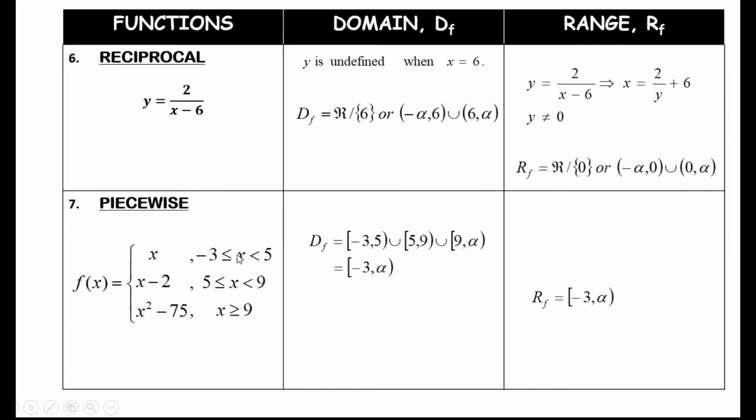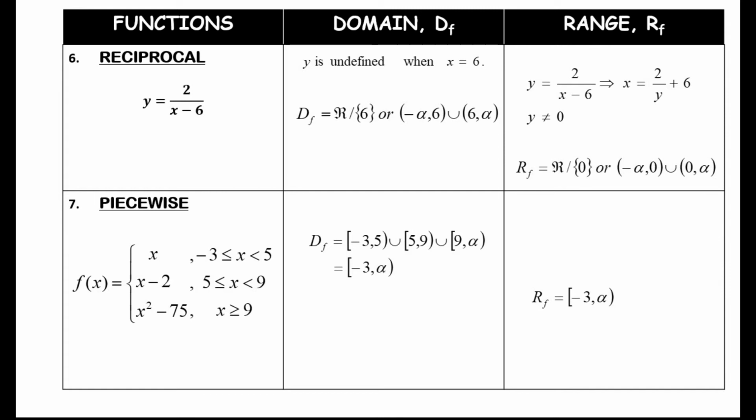This actually gives you the domain of the function. It starts from -3 up to 5, and then 5 to 9, and then 9 to infinity. When you combine all of this, you get from -3 to infinity. This gives you the domain of the piecewise function.